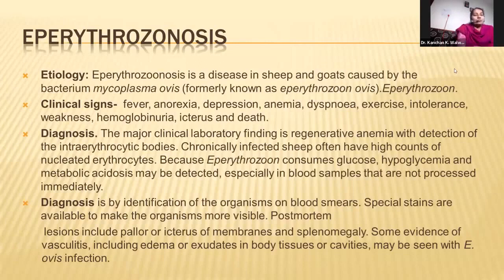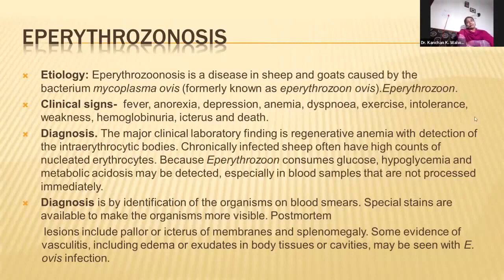For diagnosis, you can go for blood smear examination. In the blood smear, the typical finding of Mycoplasma is regenerative anemia and intra-erythrocytic bodies. And if the animal is chronically infected, then there will be a high amount of nucleated RBCs, that is reticulocytes. That is a very peculiar picture of eperythrozoonosis on the blood smear.